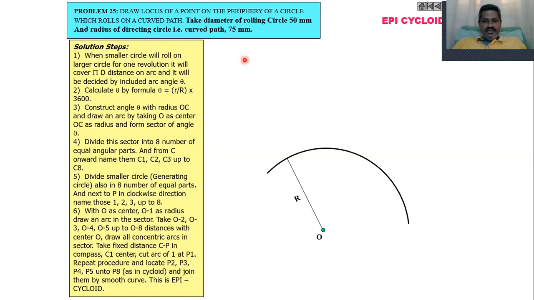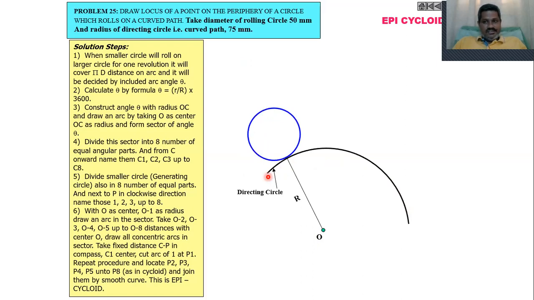Then draw a circle. That circle is the generating circle, which is going to roll on this directing circle or curve, drawn above this curve like this.